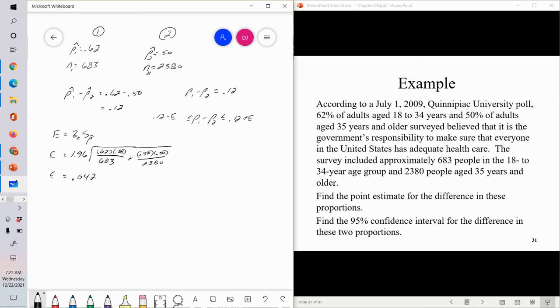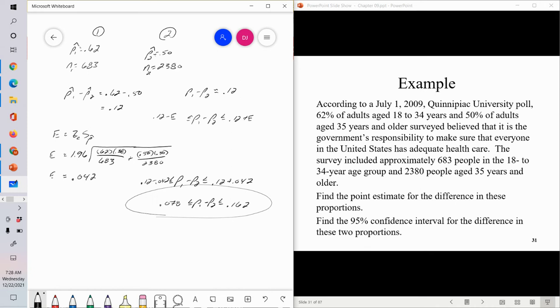So we have a margin of error of 0.042 or 4.2%. So then our p1 minus p2 is going to be somewhere between 0.12 minus 0.042 and 0.12 plus 0.042. So we would estimate that the difference in the proportions is somewhere between 0.078 and 0.162, or between 7.8 and 16.2%.